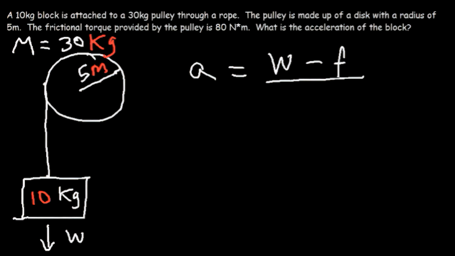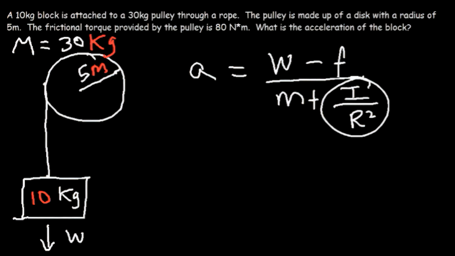Now we're going to divide that net force by the total mass. That is the mass of the block and the inertial mass of the pulley. The best way to find the inertial mass is using this expression, I over r squared. So this equation should give us the answer.